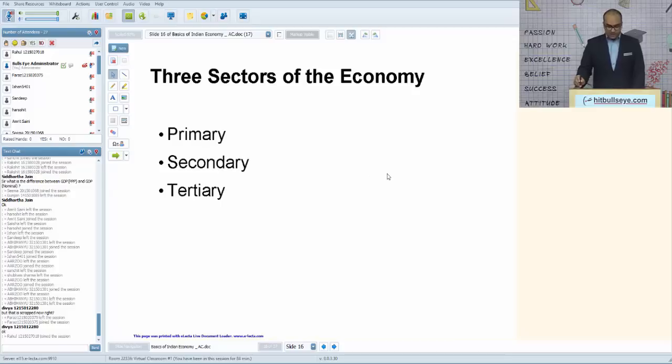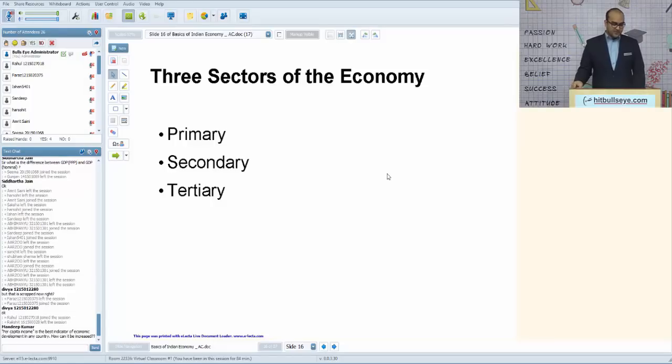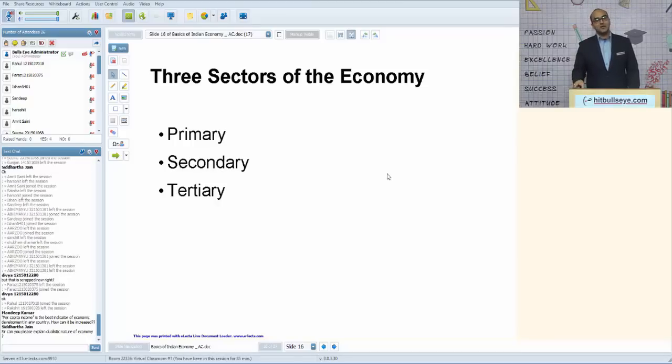Okay, let's have that question and answer session right now before we move on. Yes, any questions? Mandeep, as far as your first statement is concerned, per capita income is not the best indicator of economic development. Economic development includes a large number of other factors also, like how equal the society is, and whether health and education facilities are being given to all sections of the society.